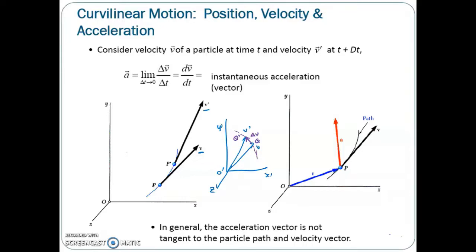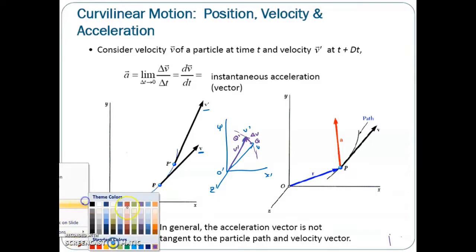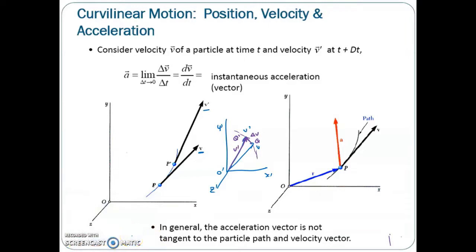So the vector v prime can be obtained by adding the vectors v plus delta v. So v prime equals v plus delta v. This delta v is a change in the direction of velocity, as you can see, as well as a change in speed.